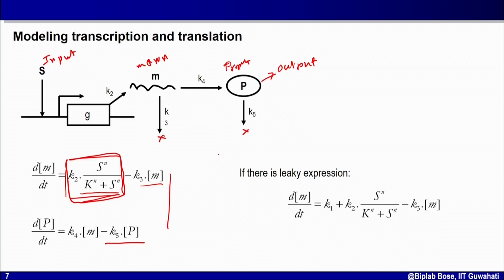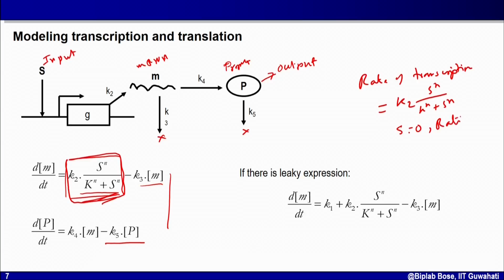If I consider the rate of transcription to be nothing but K2 into S to the power n by K to the power n plus S to the power n, the way I have done here, then when S equals 0, the rate is also 0. That means when there is no signal, there is no production of the mRNA for this gene. So if there is no mRNA, there will be no protein production. But that may not be true in many cases.